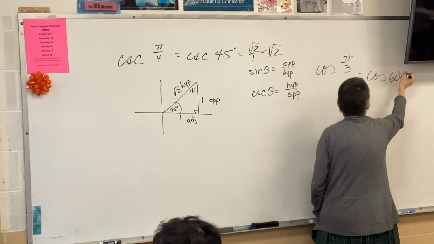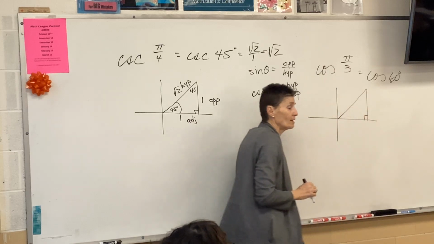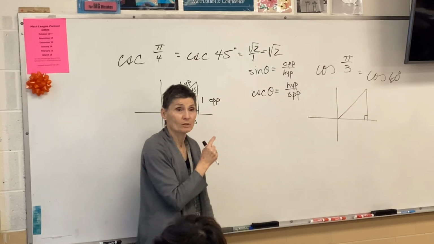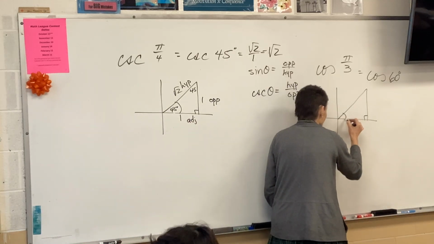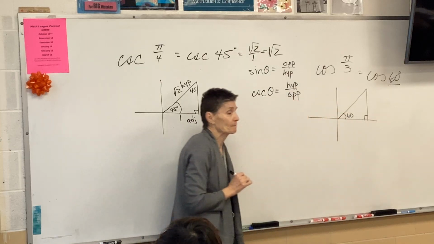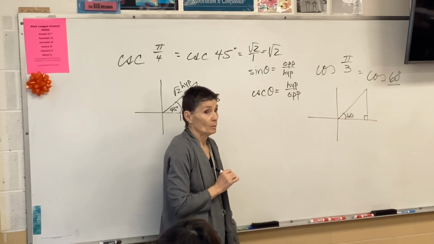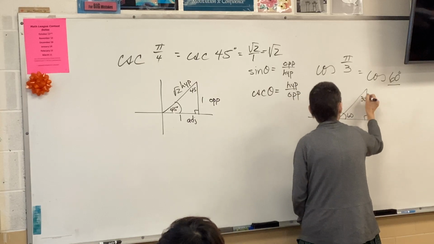Perfect. So I'll draw my picture again, and remember, our picture always looks like that. And this angle right here is that angle, so we're gonna put 60 right there. Which means that one is 30. Good.